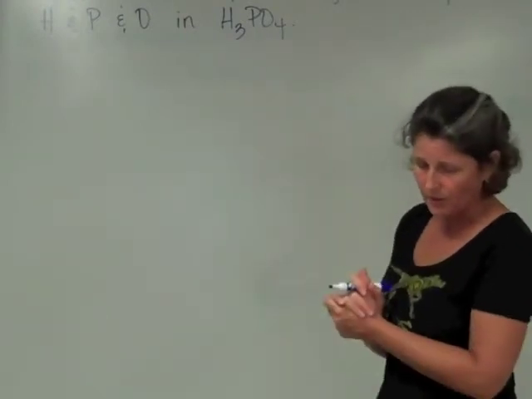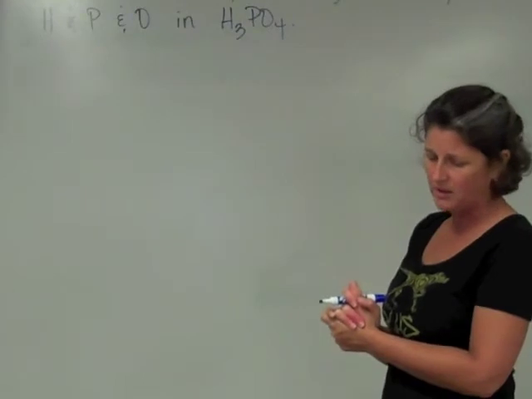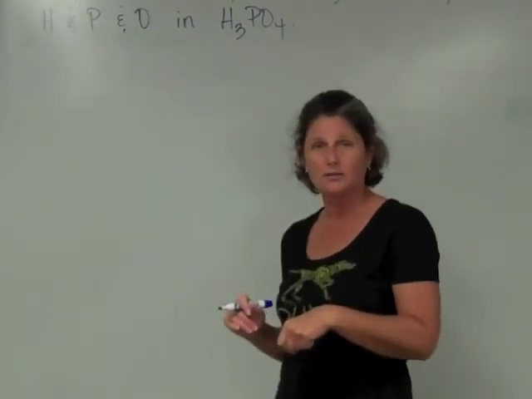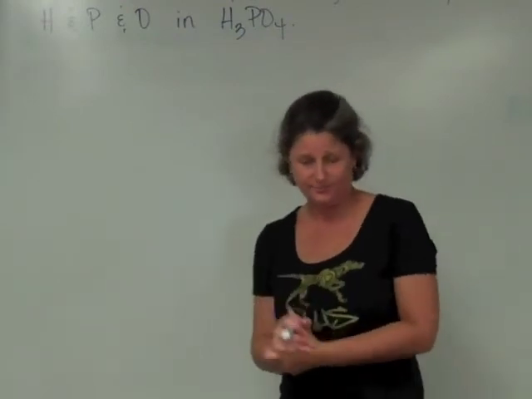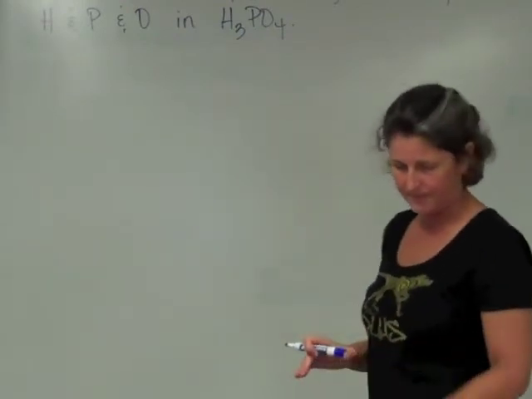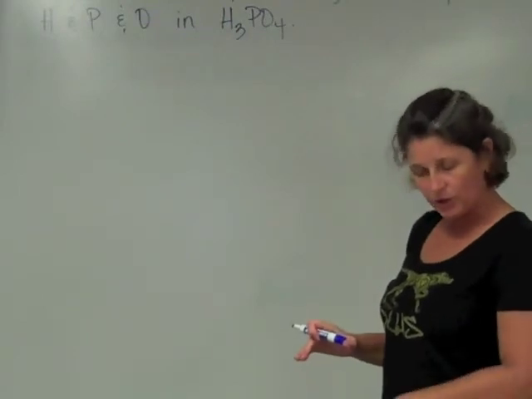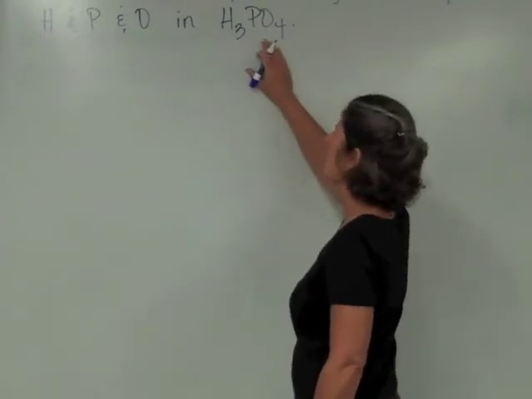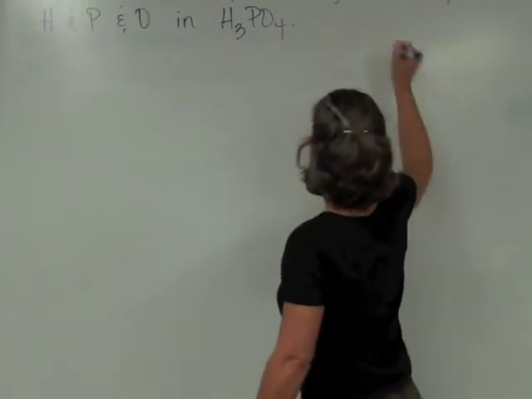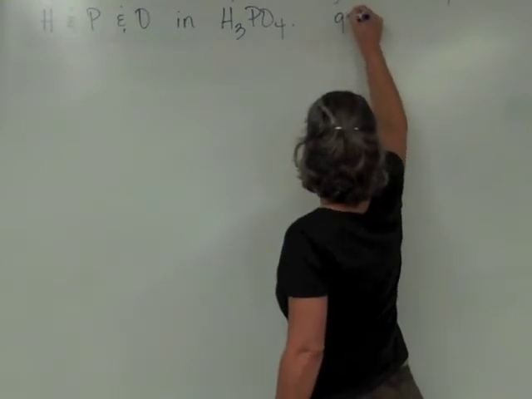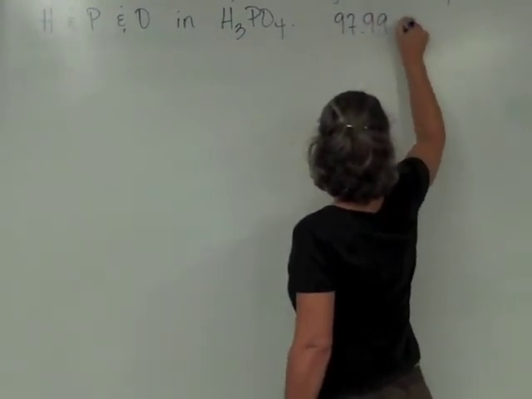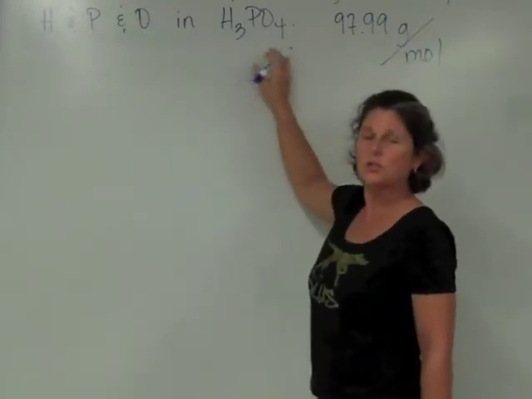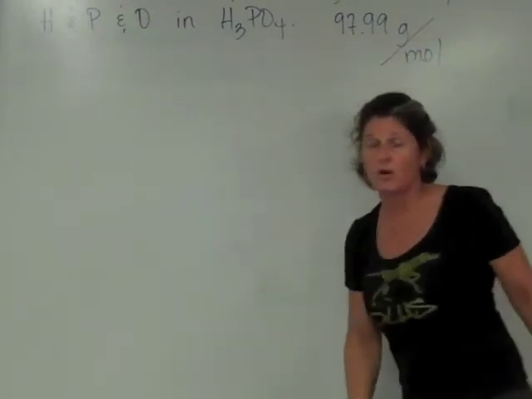So you go for it right now. Pause me, and you find it. And what you should have found is that the molar mass of this compound is 97.99 grams per mole. So that is total molar mass of this compound.